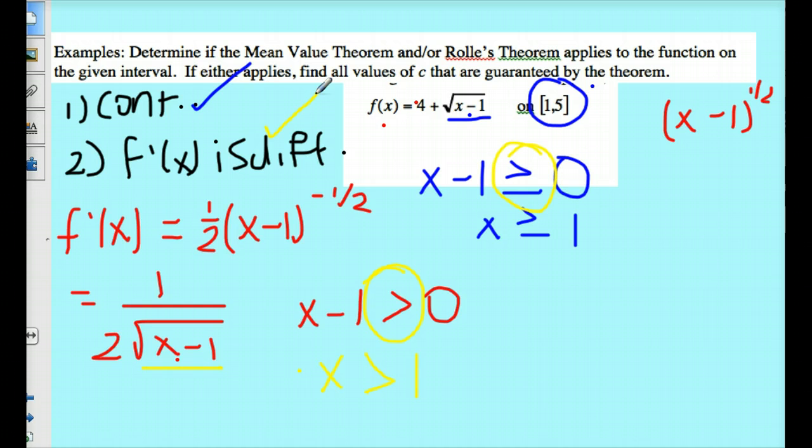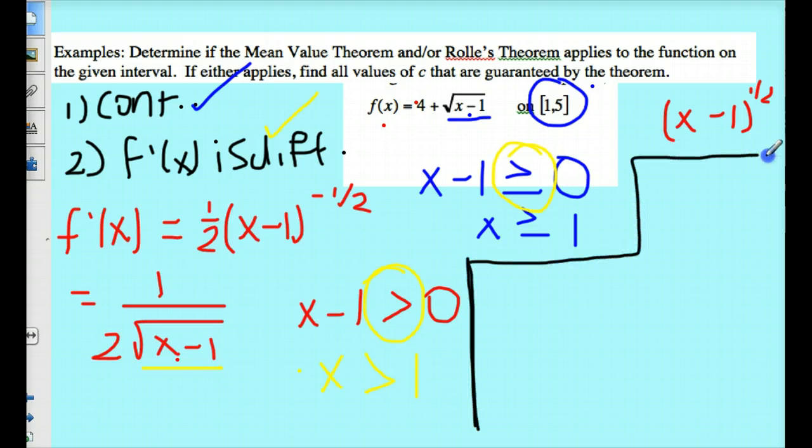The last condition that we need to check is condition 3. I'm going to write that. I know this is a bit skewed. But condition 3 states f of a has to equal f of b. To see if this works, I need to plug in my 1 and my 5 into the equation.